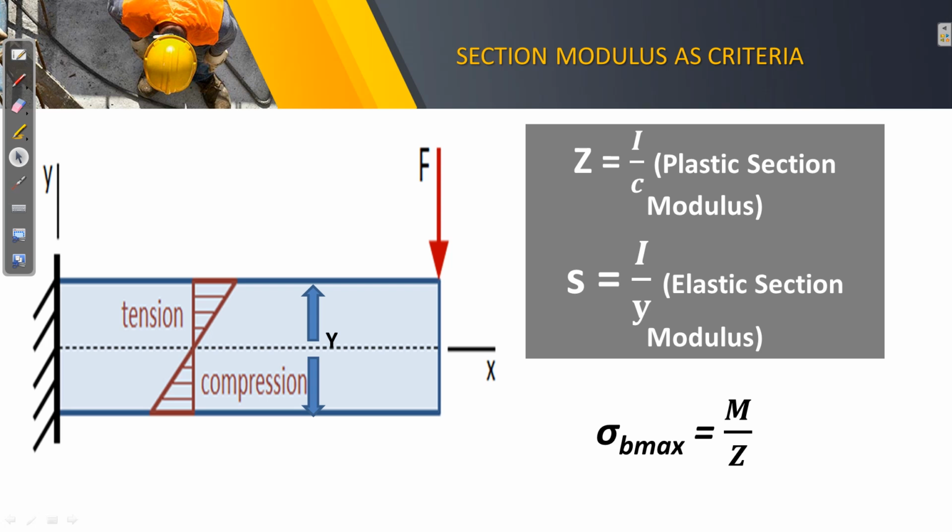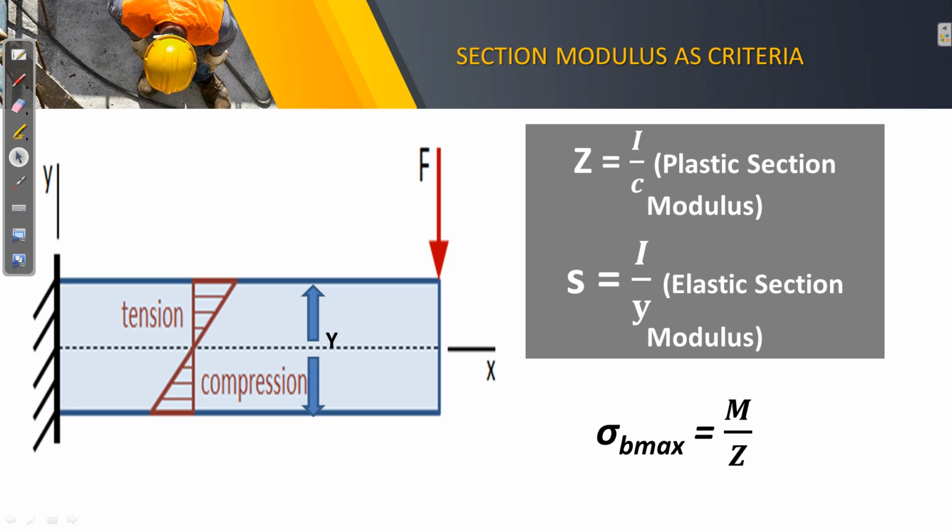So if it is Z, we are going to use c here, and Z is actually the plastic section modulus, and the elastic section modulus is a general formula wherein we have I over y. So y is the distance from the neutral axis at any layer of your cross section.